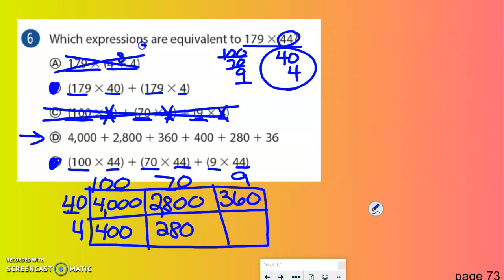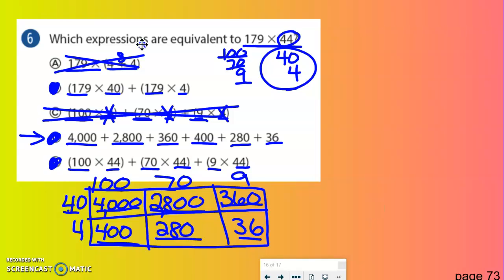Add 1 zero. And then 4 times 9 is 36. So if you look at it this way and expand it this way, notice that 4,000 is here. 2,800, 360, 400, 280, 36. So yes, D is also the correct answer for that one.